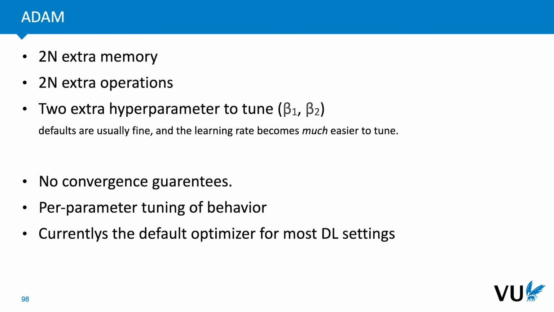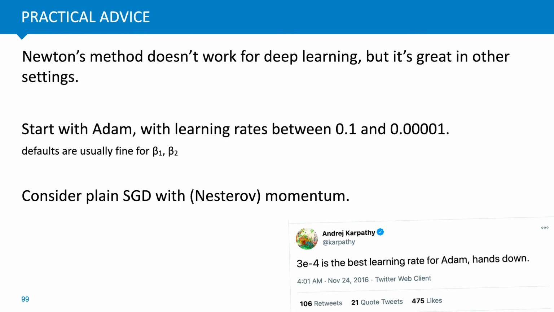Adam doesn't have any convergence guarantees. It does give you per parameter tuning of behavior, a real per parameter learning rate basically, and it's currently the default optimizer for most deep learning settings. So let's look back at what we've seen. We've looked at Newton's method. We know that it doesn't work for deep learning, but it is good in other settings, and it gives us a theoretical framework to analyze optimization in deep learning.